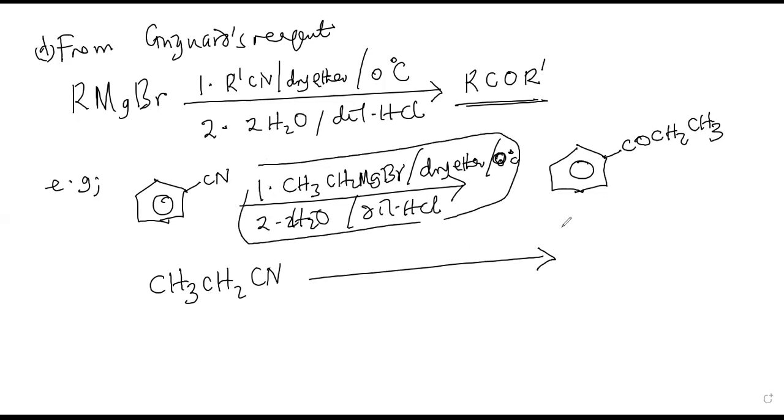So there, we shall form CH3CH2, then I bring in my COCH3. So that is how the Grignard reagent works. After the Grignard reagent, let's see how we get these compounds from a decarboxylation.